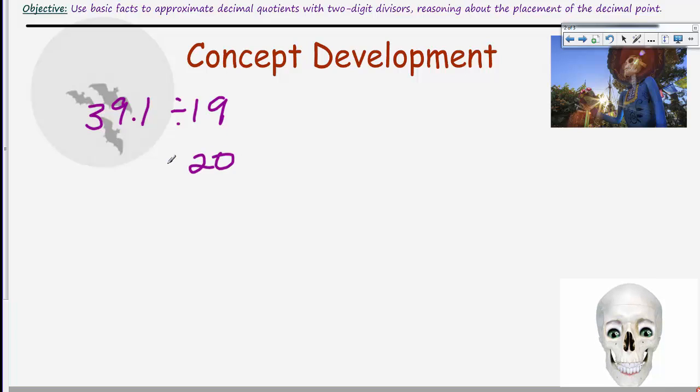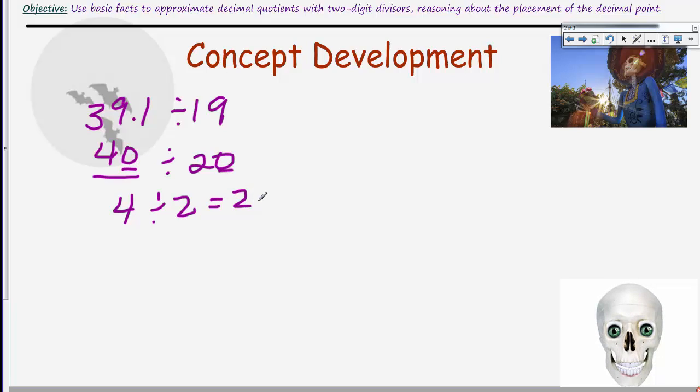Then we also need to round the 39.1, which is easy enough. That's 40 divided by 20, which is really just 4 divided by 2 if you notice that power of 10 there, and that's going to equal 2.